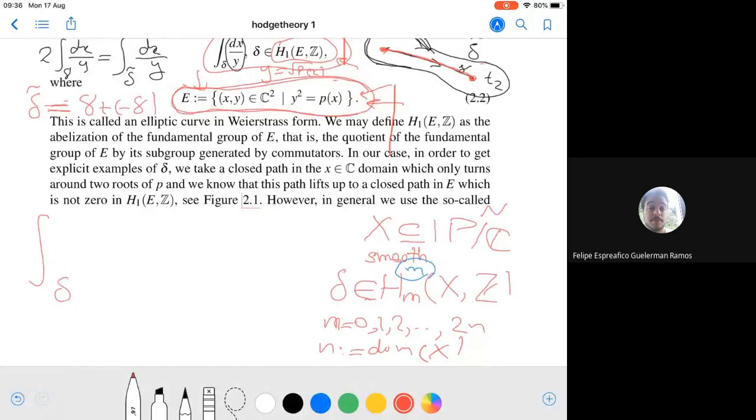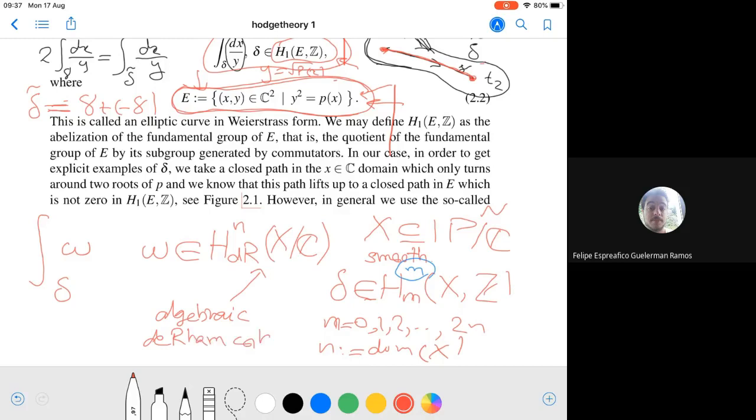Another part of the course, on which we will invest a few lectures, is integration. For integration we have to develop the concept of algebraic de Rham cohomology. If you have done algebraic topology, you have already seen that usually one takes the de Rham cohomology using C-infinity forms.